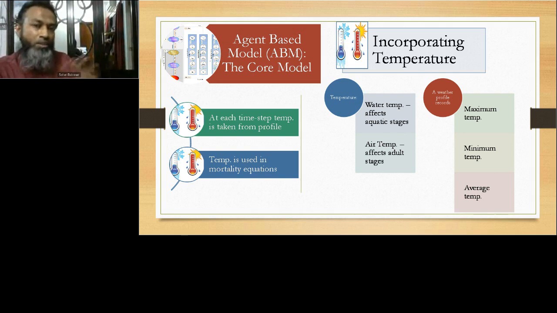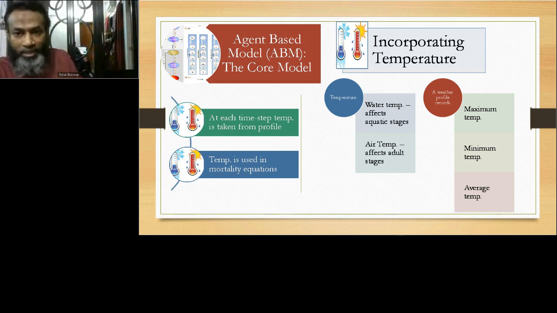The previous comprehensive models, particularly on the Anopheles gambiae, used a fixed temperature throughout. But one limitation even in our model was that we could not incorporate separate temperature profiles, separate weather profiles, for water and air, which could be extended for future research.